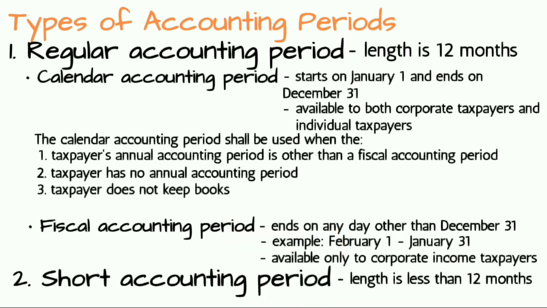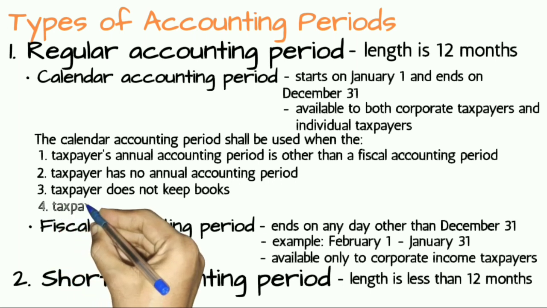The books do not refer to the library books, but rather yung books na tinutukoy dito ay yung journal and ledger. The journal is the book of original entry, while the ledger is the book of final entry. So yung books na tinutukoy dito ay journal and ledger.